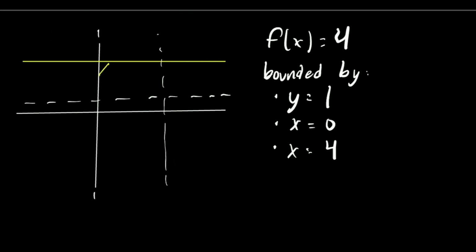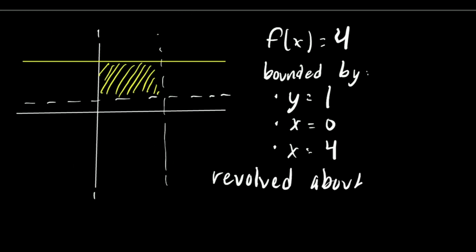So it's this shape. And we're revolving it about the x-axis. Okay, so you might be able to see the problem here. If we're going to revolve it about the x-axis, we're left with this gap here.